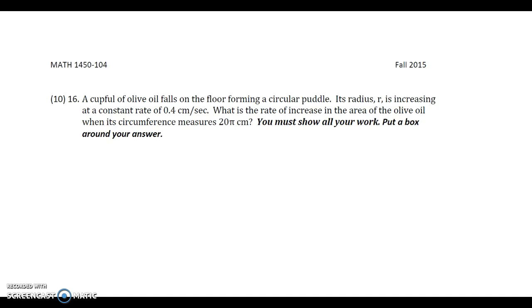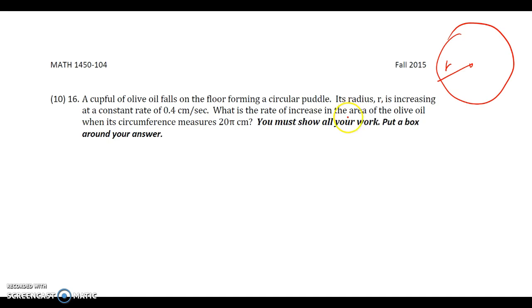All right. Next, here's one of our related rates problems. A cup full of olive oil falls on the floor, forming a circular puddle. Its radius r is increasing at a constant rate of 0.4 centimeters per second.